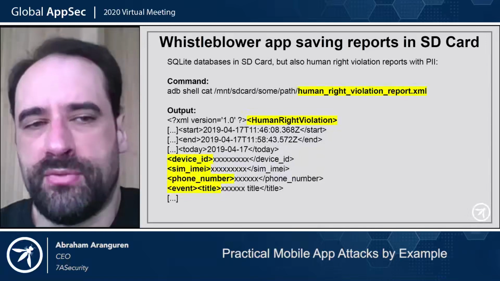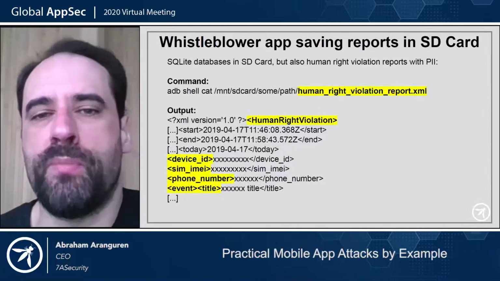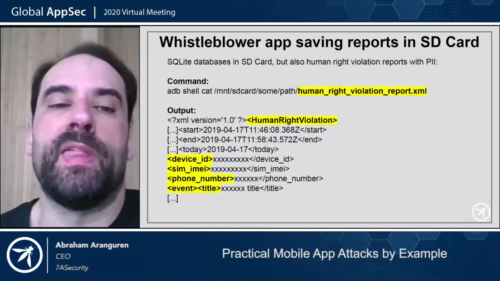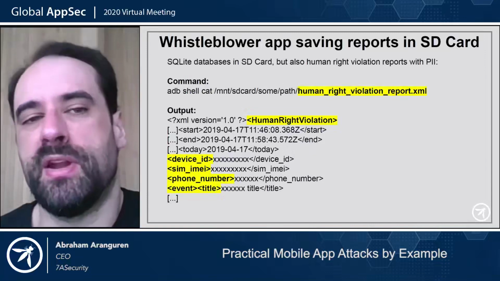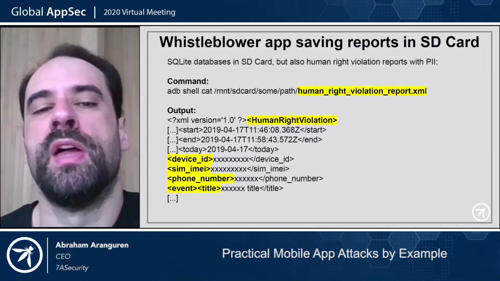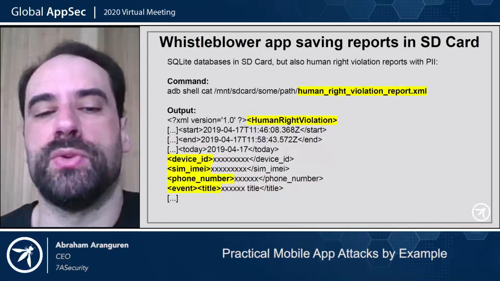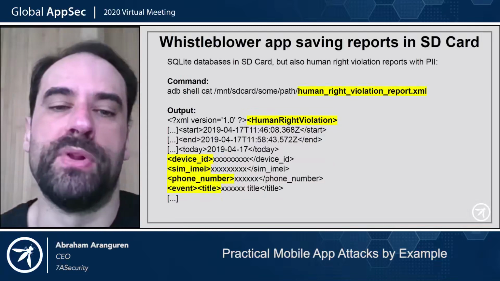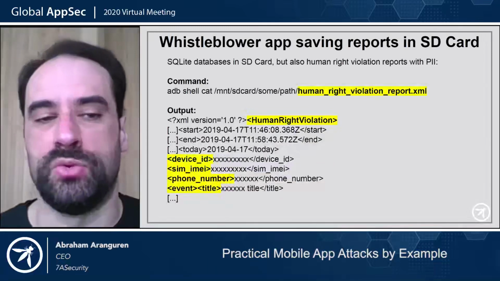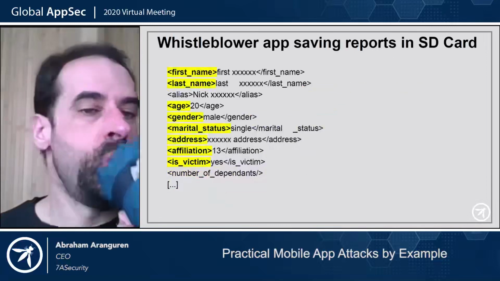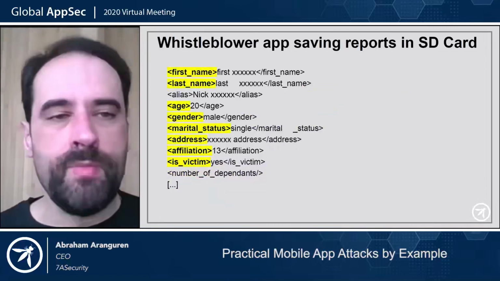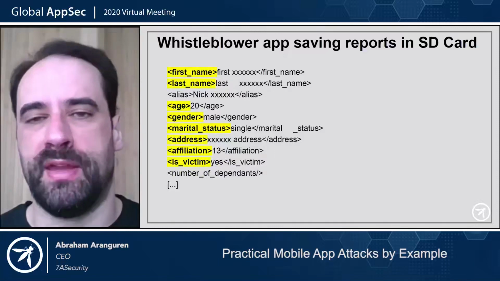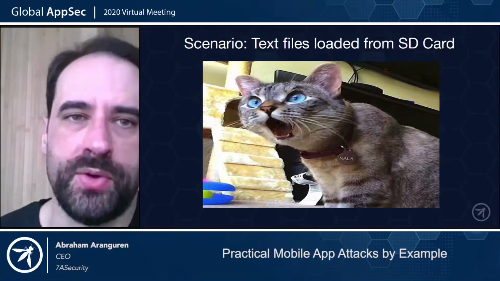If you say that you reported a human rights violation inside of the SD card, then police can take your phone, extract the SD card, see that you are reporting these issues, see what you reported, and then get you killed or whatever nasty stuff they do there. So this is an example of a security vulnerability leading to problems in the physical world. Here we also have first name, last name, address, so lots of sensitive stuff.